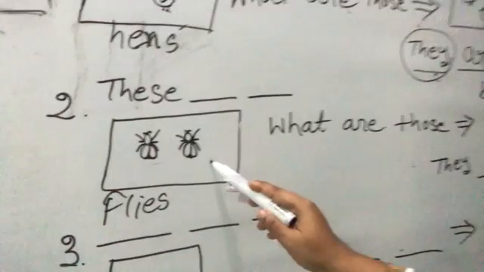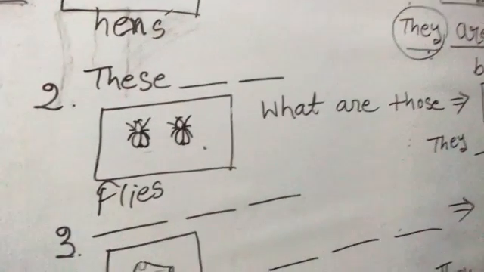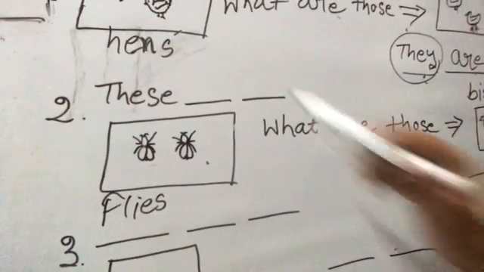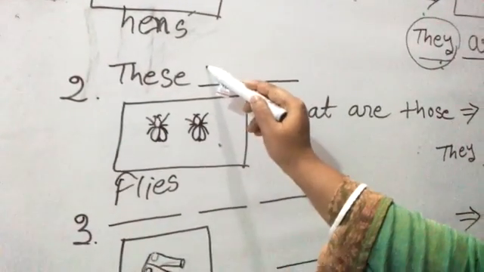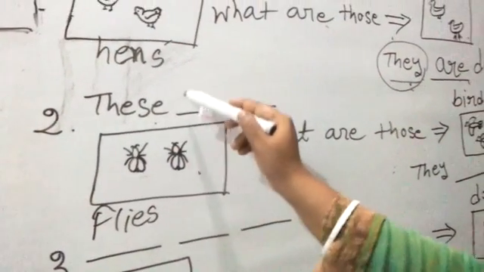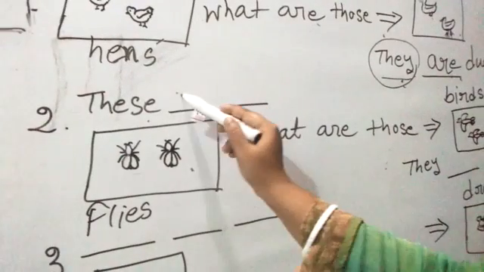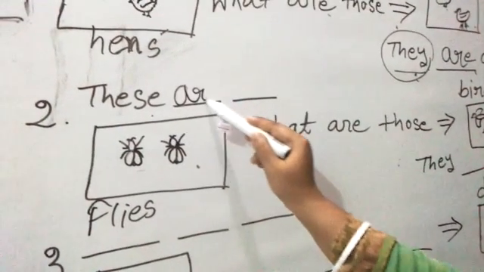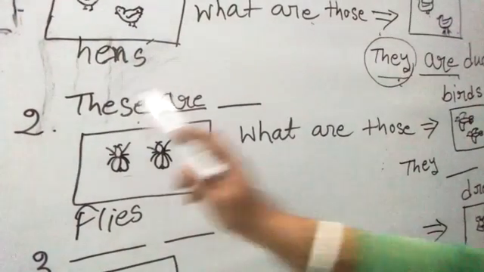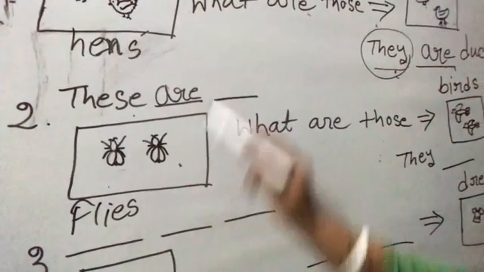These are the pictures of flies. In your book you can have a look at the flies. So these, what should I write after this? This is plural number. For plural number we will write are, A-R-E, are. Please note the answers down here, babies. These are what? These are flies.